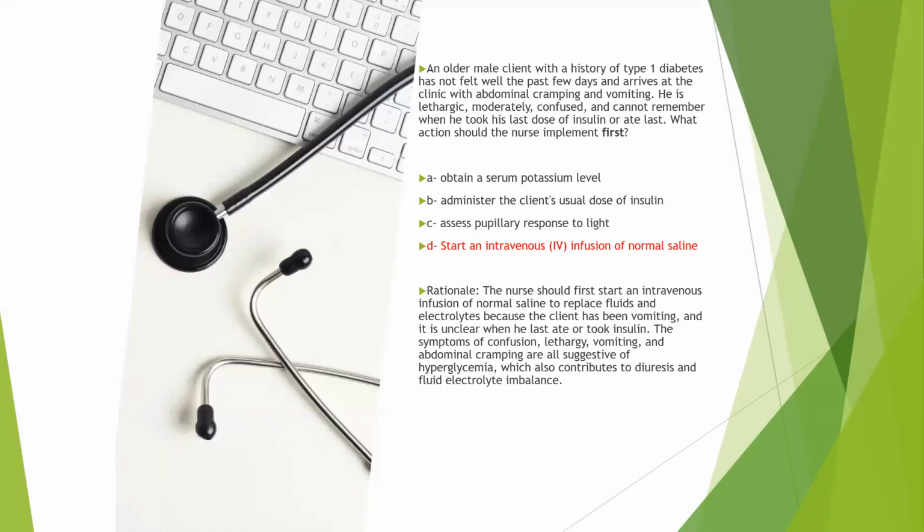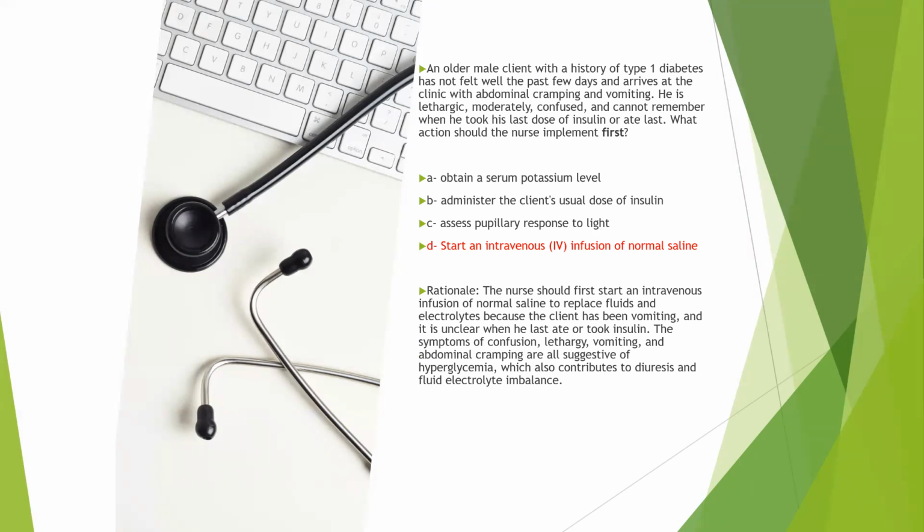That is correct. D, start an intravenous infusion of normal saline. The nurse should start an IV infusion of normal saline to replace fluids and electrolytes because the client has been vomiting and it is unclear when he last ate or took insulin.